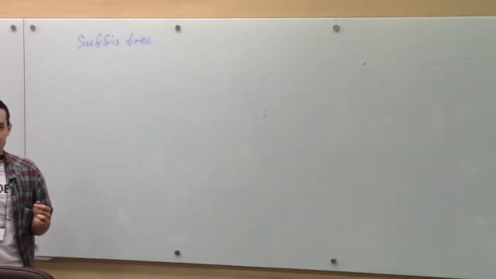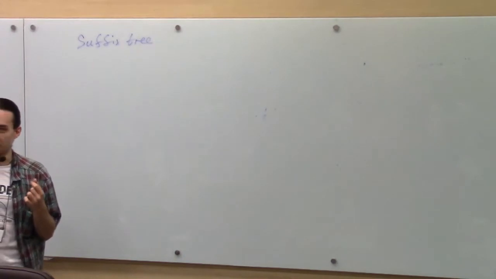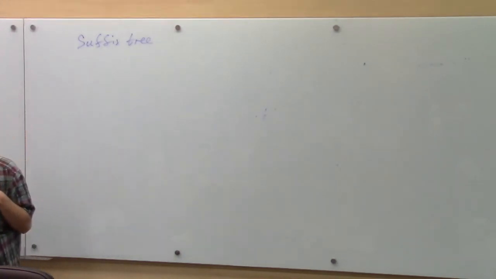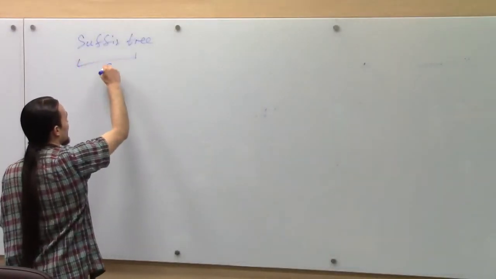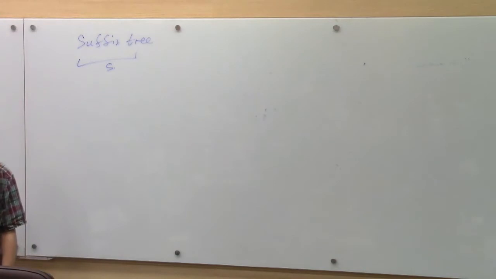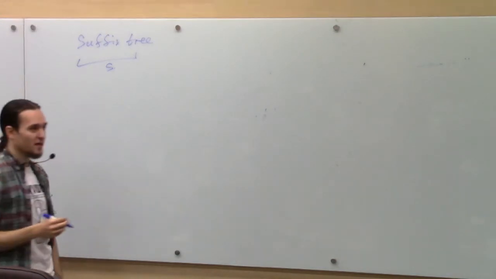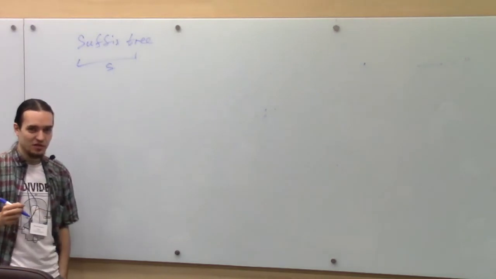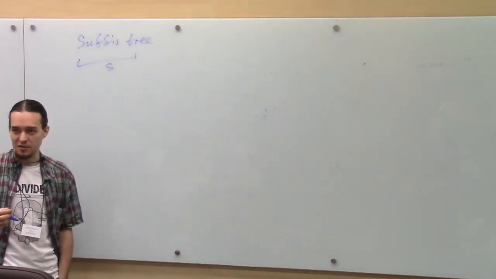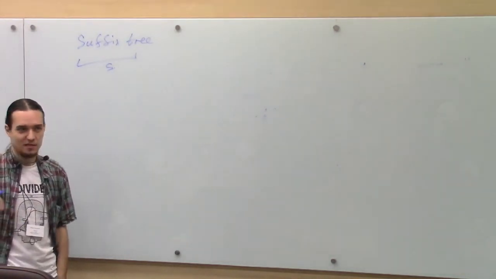So at the end of the previous part of the lecture, we discussed a solution to a certain problem, which basically involved taking a string S and producing a trie that consists of all suffixes of S. That's exactly what we did.